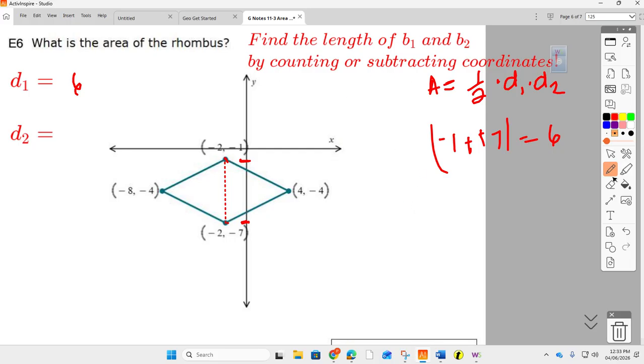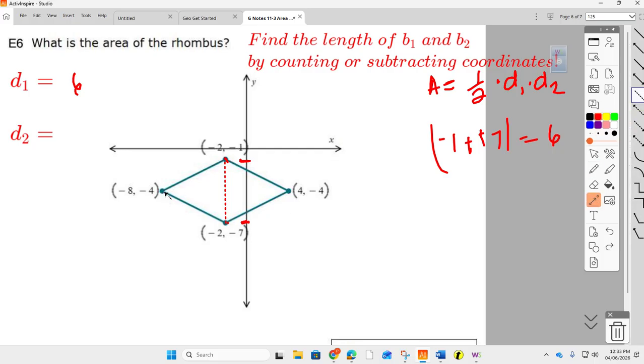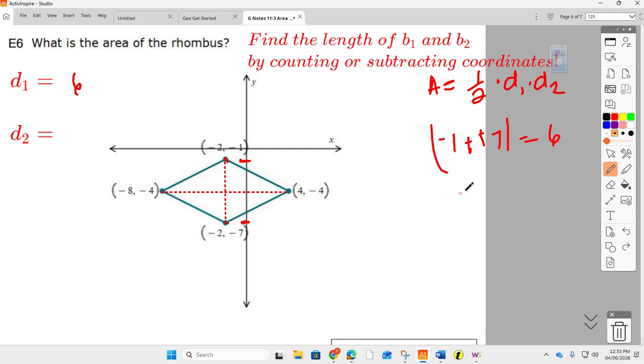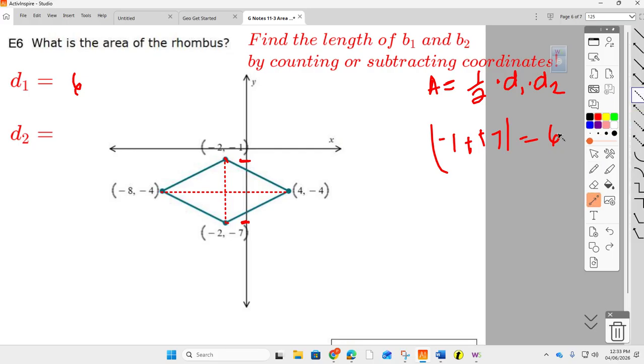Let's find the length of the second diagonal. How long is that diagonal? Amaya? 12, very good.